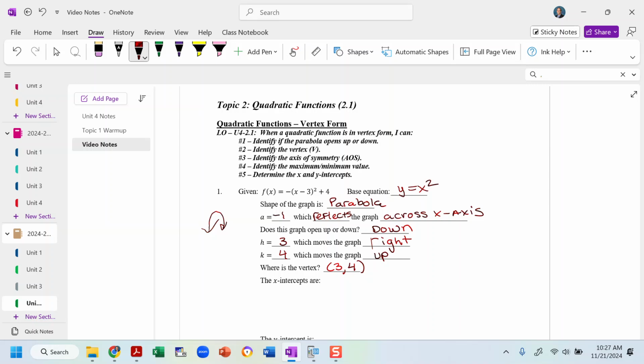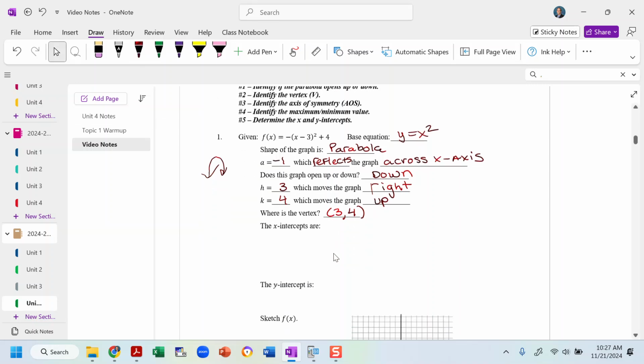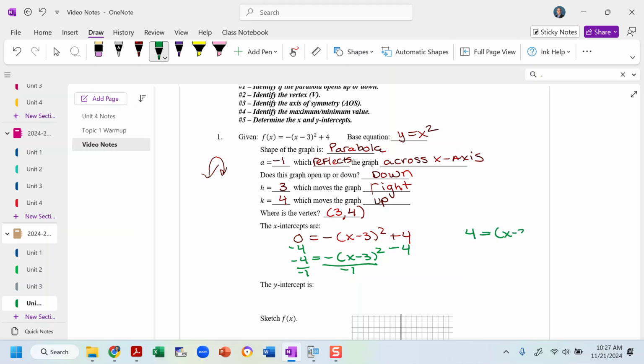The x-intercepts here, if we set f of x equal to 0, so first you move the 4 over, then you divide by negative 1, so you get 4 equals x minus 3 squared. Then you take the square root of both sides, putting the plus or minus on the left.